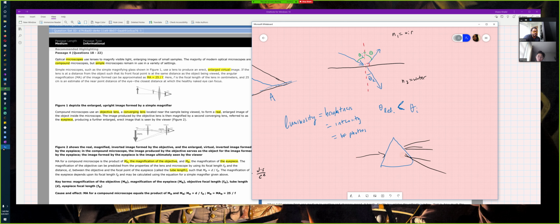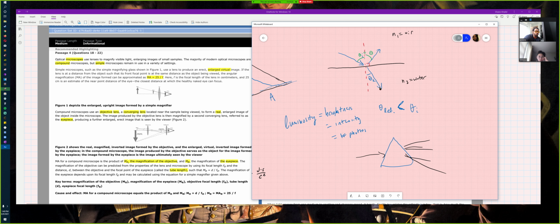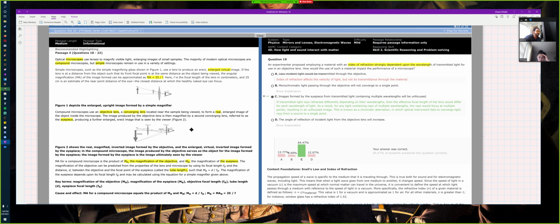Yeah, that's exactly what happens. Different wavelengths will have different angles of refraction, and they won't converge at a single point. It'll be unfocused.